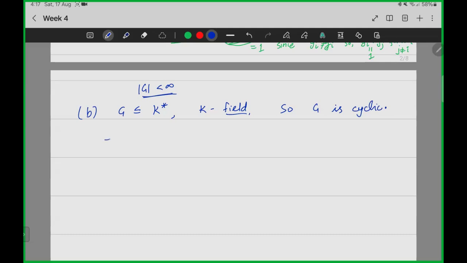Now what else is given? -1 also belongs to G. Can you say what is the order of -1? It is 2. Now what can you say about the order of group G, in the sense of it being even or odd?